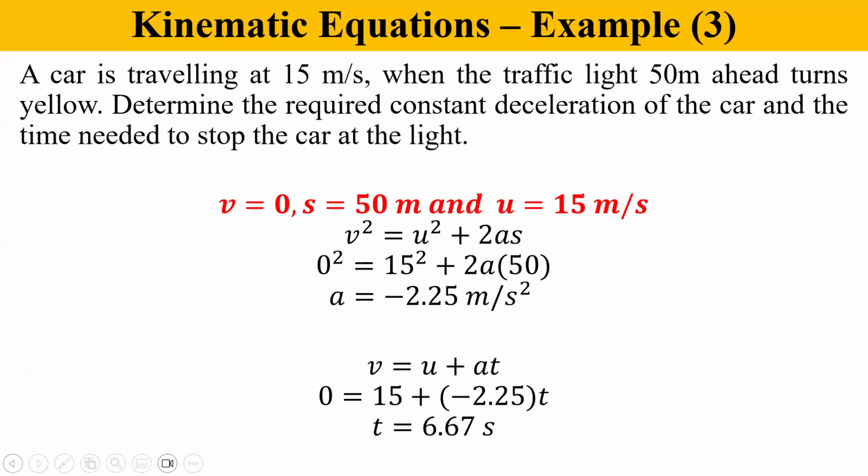Fantastic. All right. Let's move on to question 3. Let's look at it quickly. It says a car is traveling at 15 meters per second. So that means it has a velocity of 15 meters per second when the traffic light is 50 meters ahead, right? It turns yellow.